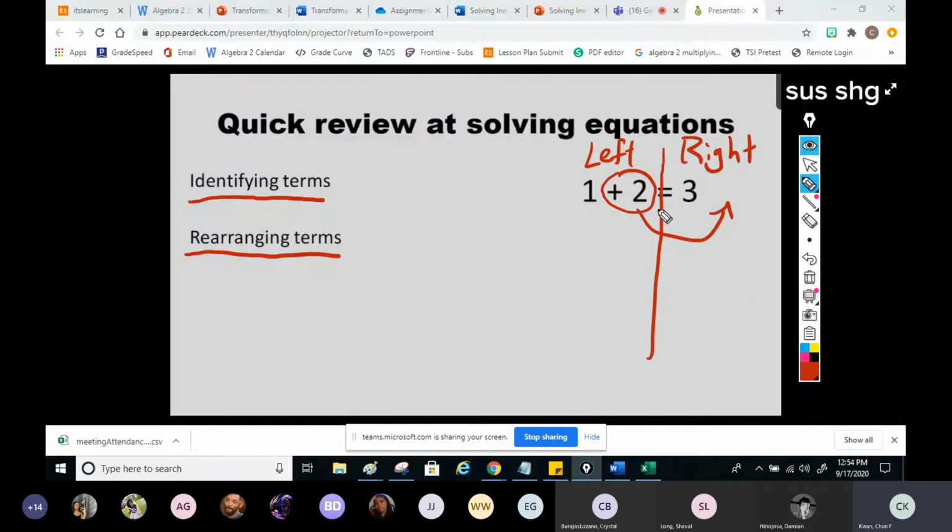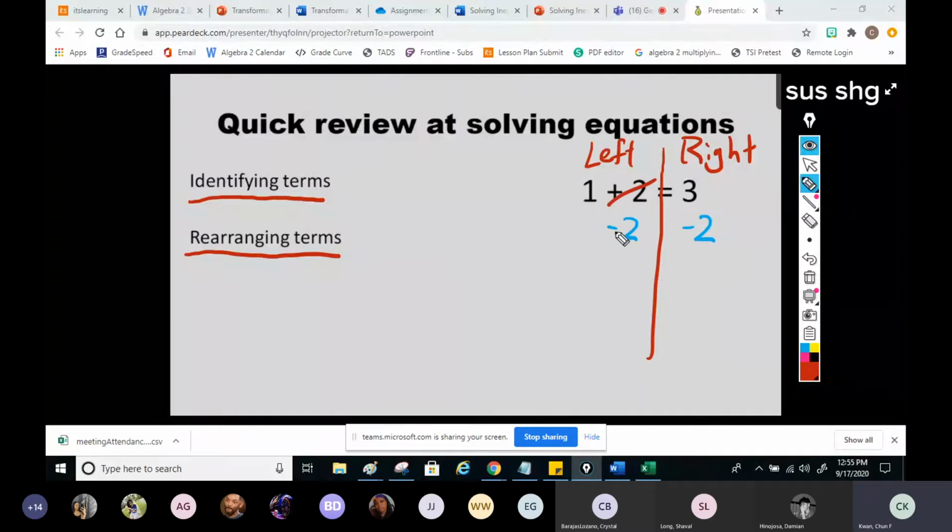So for example, if you want to move the 2 to the right side, you have to do the opposite. You have to do a -2. -2 on the left, -2 on the right. You do that because whatever you do to the left side, you must do the same on the right side, okay? Whatever you do to the left, you must do the same to the right. So when you move the 2 to the right, you have to do a -2 on both sides.